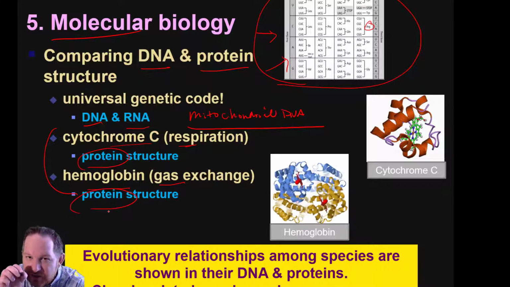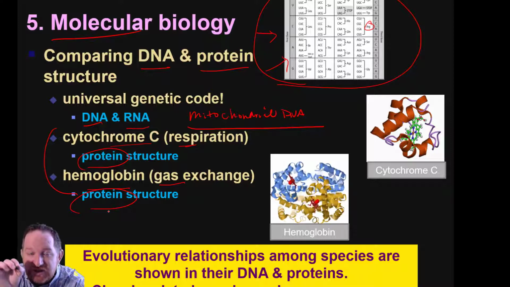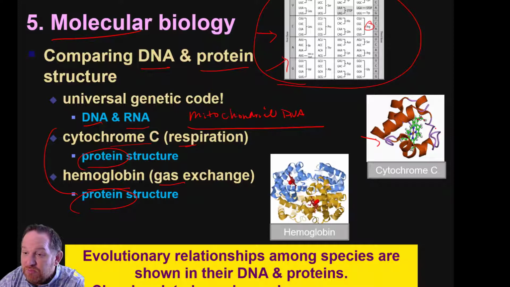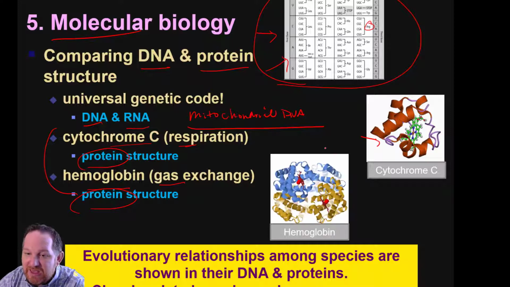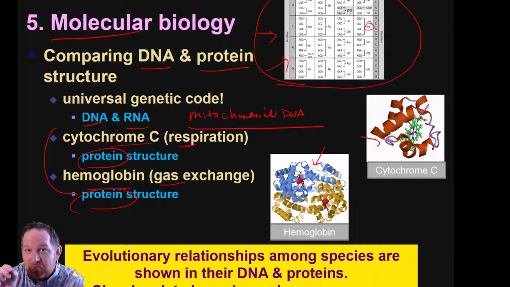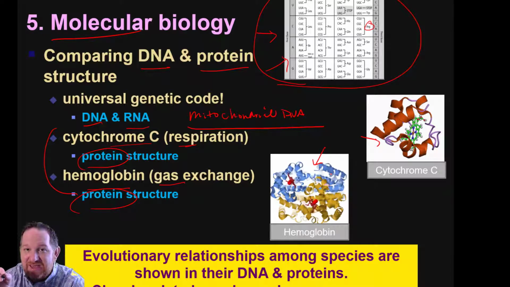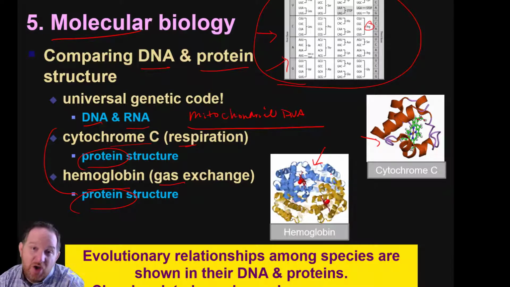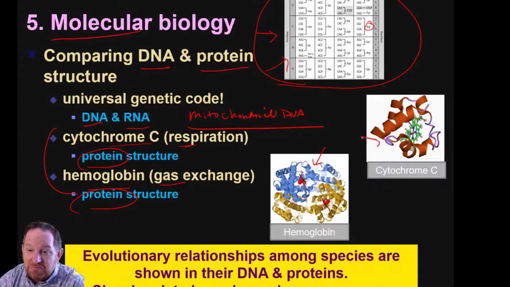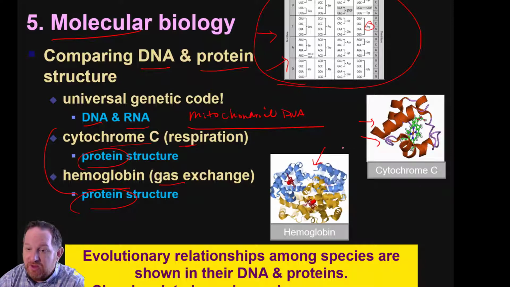And we can actually trace small little mutations, small little changes over time in the cytochrome C protein and in the hemoglobin protein. And once we compare them, we can see how similar other organisms are to each other by just comparing cytochrome C protein or hemoglobin.